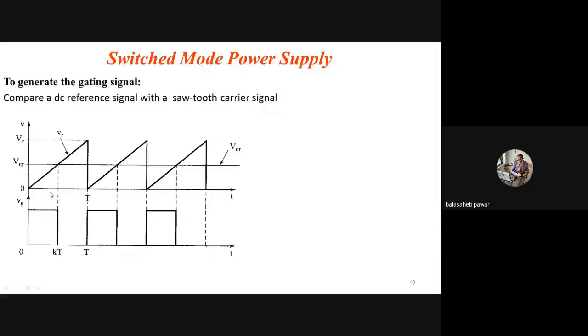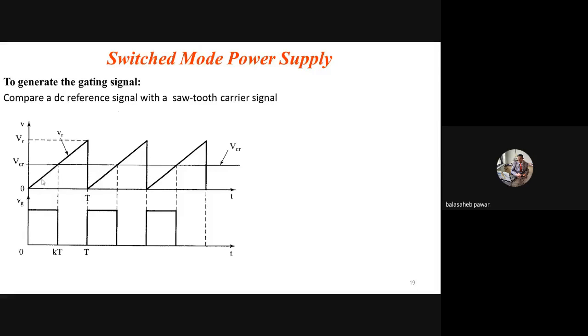For time period 0 up to over here, if you compare the amplitude of these two signals, you can say that the carrier signal, which is a straight line, has much more amplitude compared to the reference or sawtooth signal. When such two signals are applied to the comparator, it compares the two signal waveforms, and whichever is more dominant, accordingly it generates its output as either logic high or logic low.